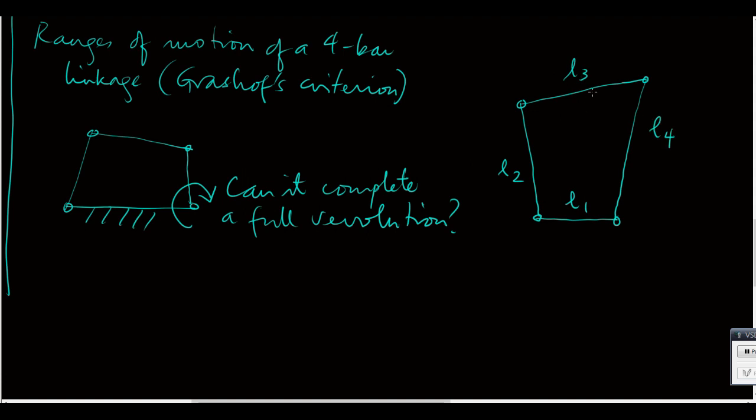The reason I have drawn it like this will soon become clear. I am interested in the question of whether L2 can make a full revolution relative to L1. I will assume without loss of generality that L2 is bigger than L1, because only the relative motion is important, and I will fix this L1. This is the one that we will study.